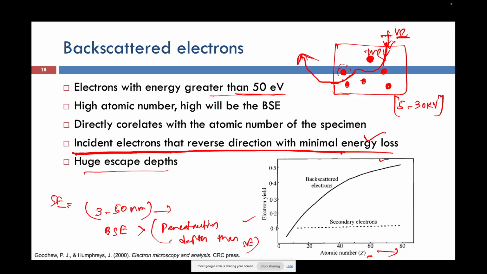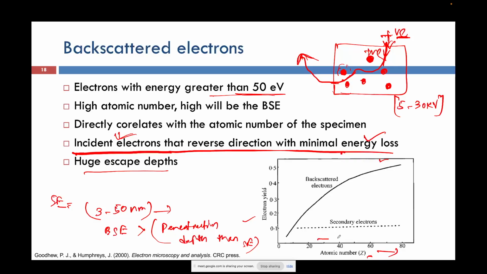That means the backscattered electron can go deeper into the material, because the backscattered electron is the incident electron and it has very high energy. So it is able to go deep into the material, interact with the material's grains or any kind of features, and then come out, right? So they have a huge escape depth.